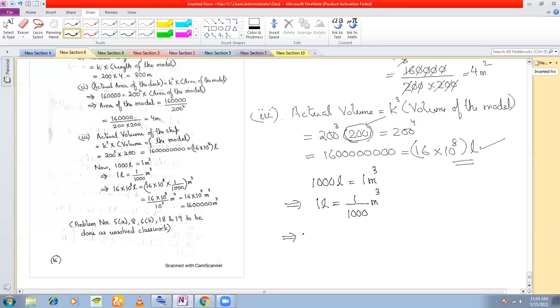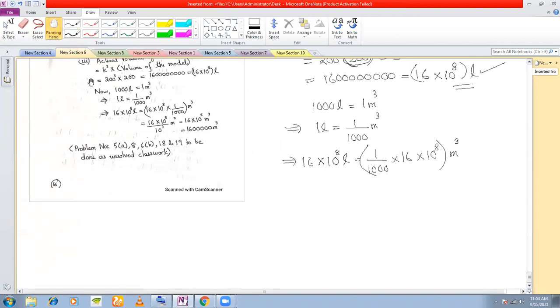That means 16 into 10 to the power of 8 liters is equal to 1 by 1000 into 16 into 10 to the power of 8 meter cube. You need to simplify this a little.